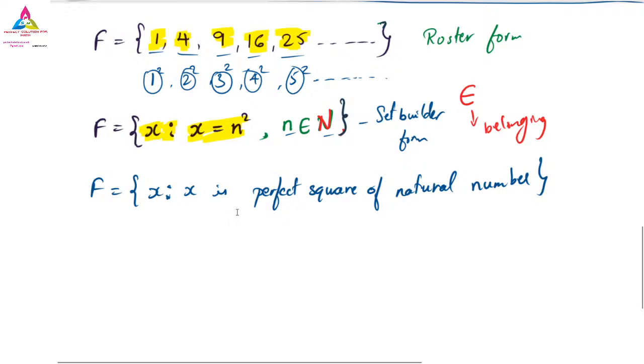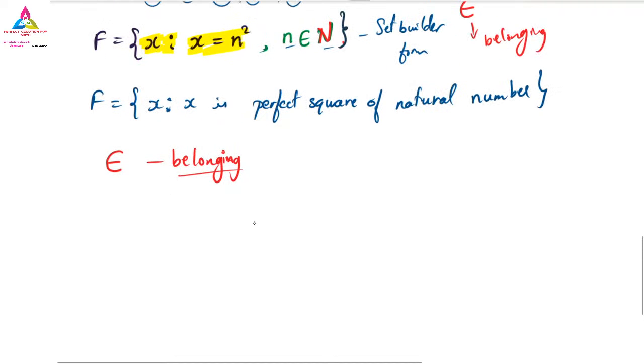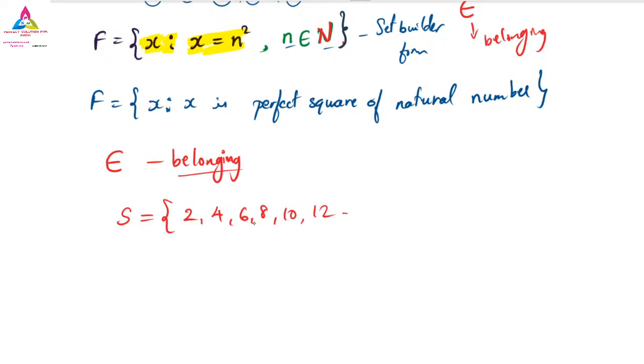Now, very importantly, some more important notation we have to see. Some of you don't know, this is belonging. Yes, this is called the belonging symbol. For example, if you take any alphabet, I can take here S. S is equal to 2, 4, 6, 8, 10, 12 and so on.